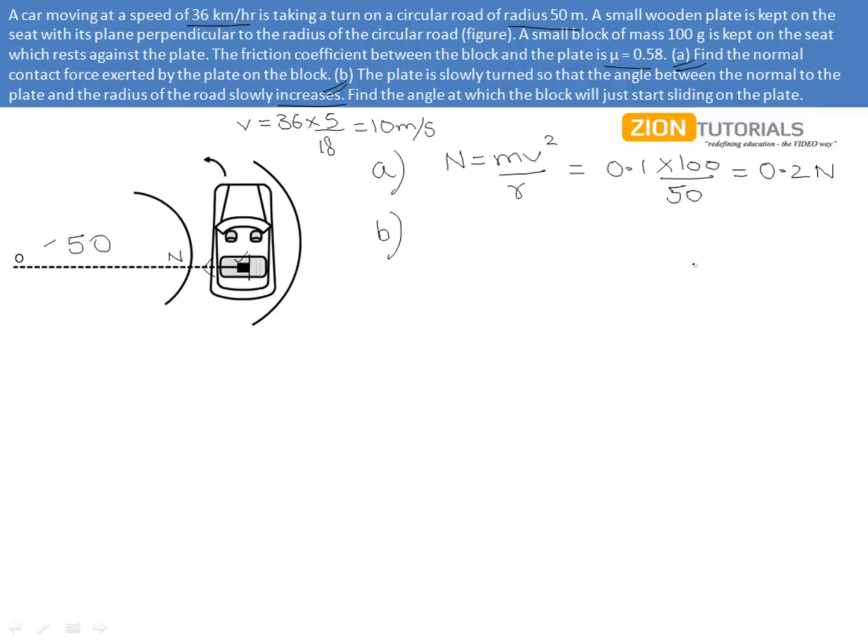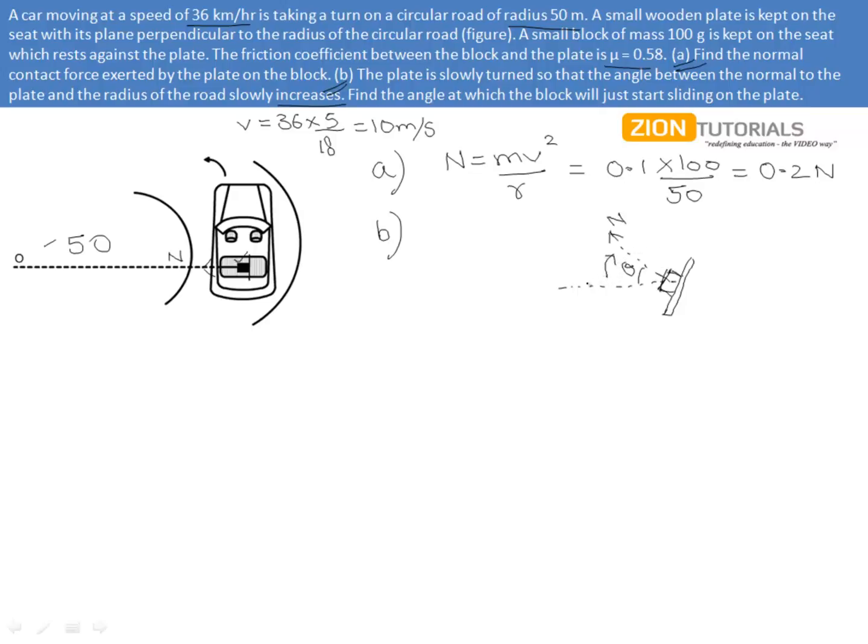What's happening is, like, suppose this is the plate and this is that center line, this being the block, then the normal direction actually changes from there to here, and this is the angle theta, which is actually increasing.